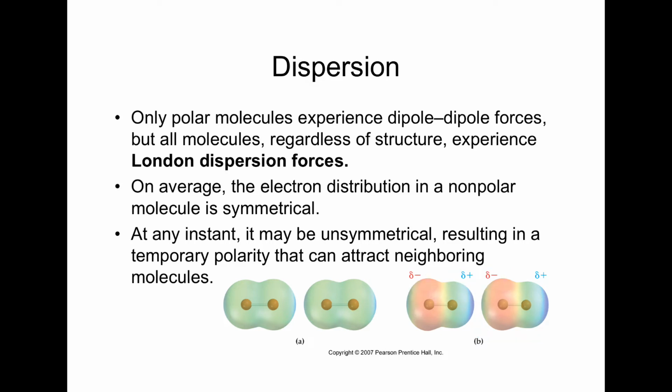Now when that happens, it gives this molecule over here a temporary dipole itself. It gives it a more negative side, and the other side is more positive. And we call that an induced dipole. Its dipole, its polarity, was induced by being near another molecule that was polar.